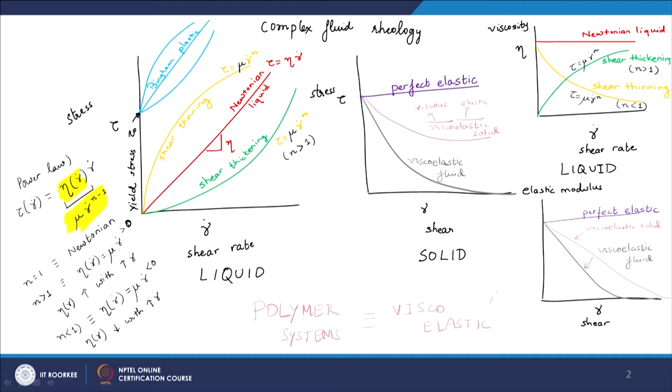So we have to look at both tau versus gamma dot and tau versus gamma to look at the behavior, because it cannot be characterized as a perfect solid or a perfect liquid.